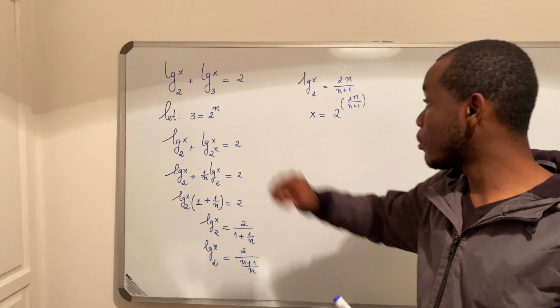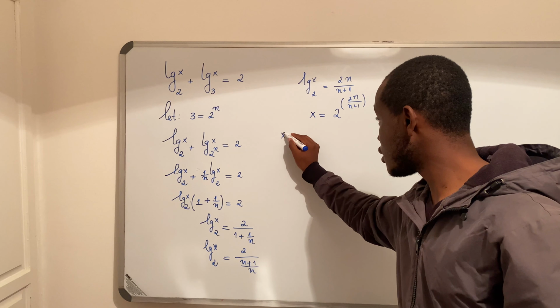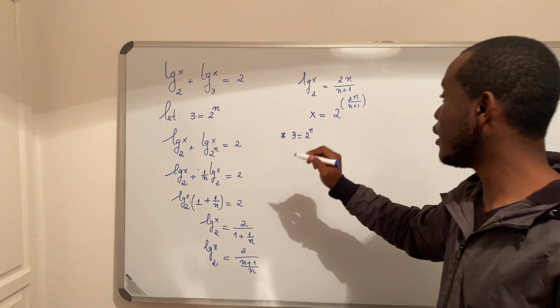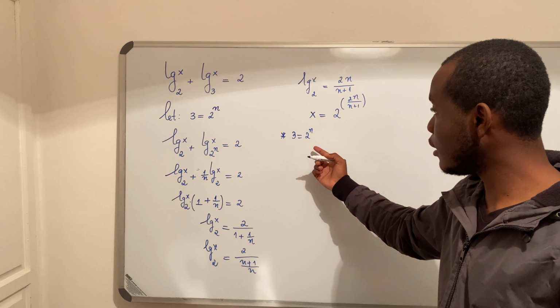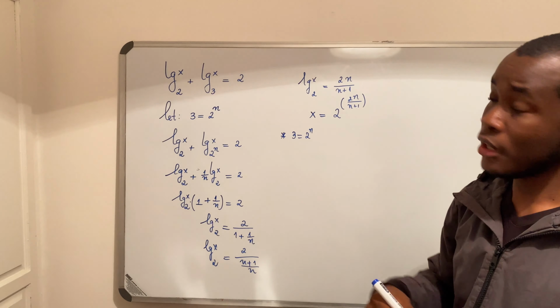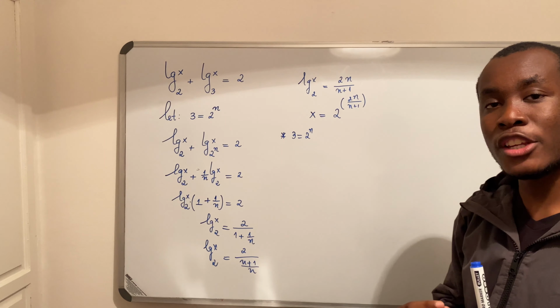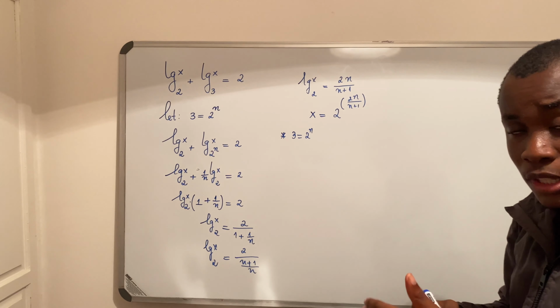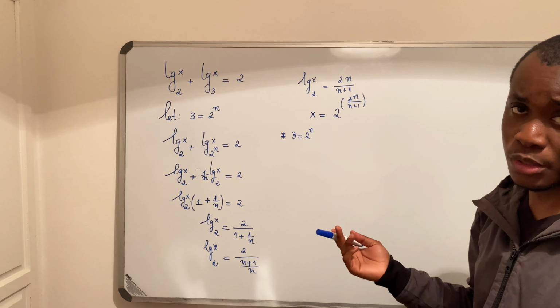Then we have to go back to where we let it, so let me put a star here. We said 3 is equal to 2 to the power n. To isolate n, I have to apply log on both sides, but it has to be with the base 2. Why? To eliminate, since in logarithms, when the argument and the base are the same, it will always be 1.